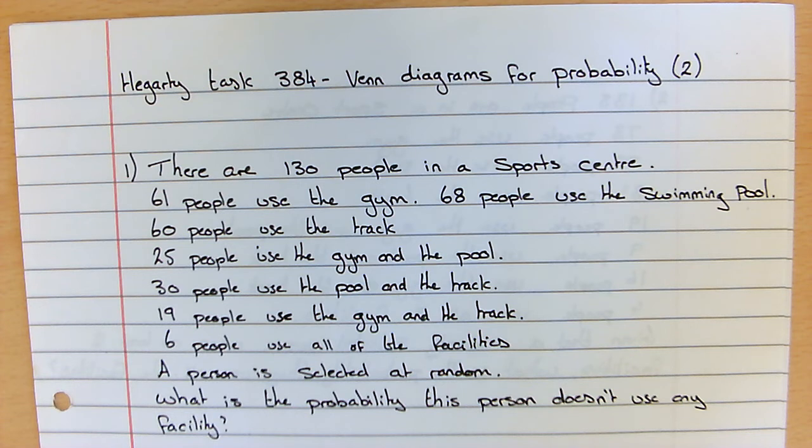Okay, so if we just look through our question, let's see how many outcomes there are, how many possibilities there are. So there's a swimming pool, there's a gym and there's a track. So that gives me 3.